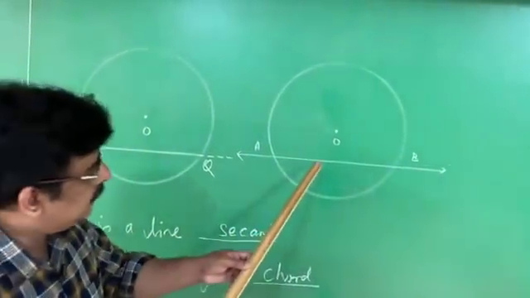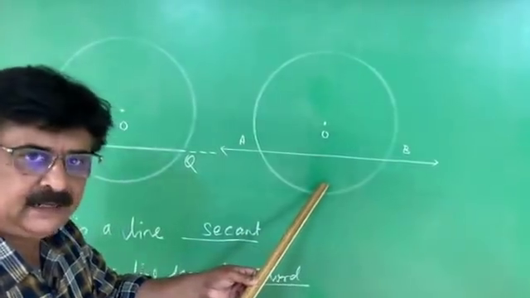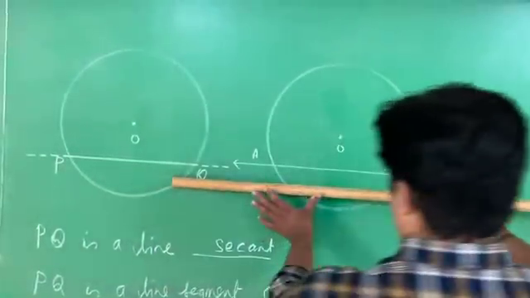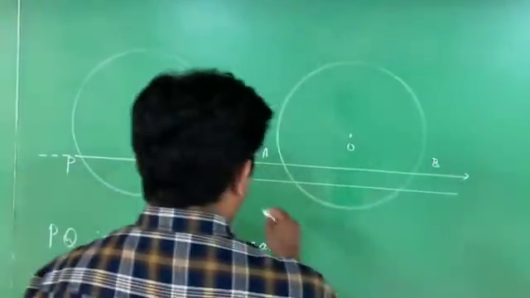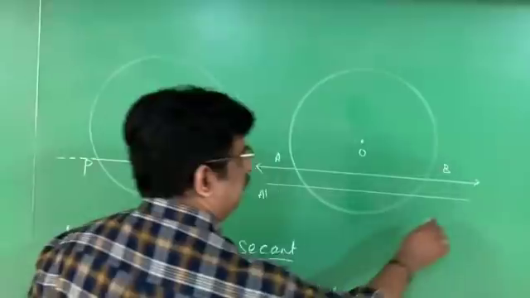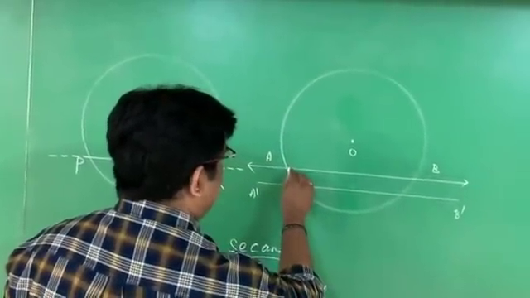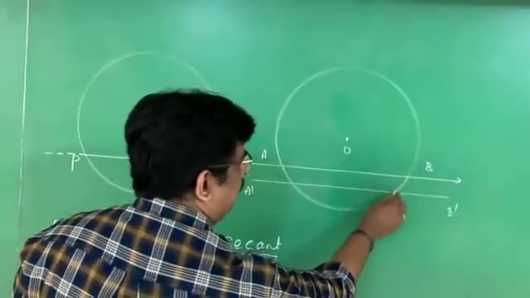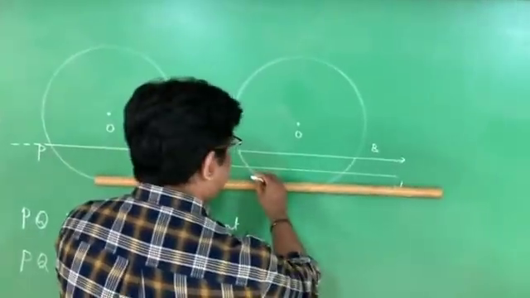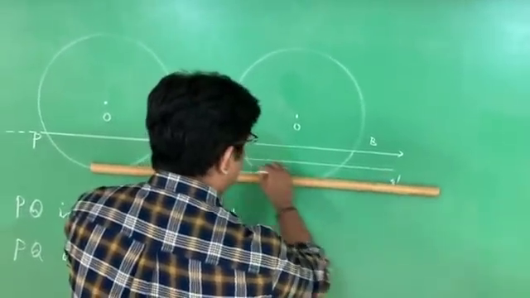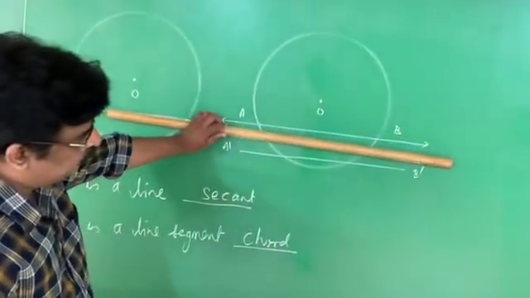If I make this secant move away from the center, it becomes A dash, B dash. Now see, these two are the points. Now they come closer. Again I write it here. Those two points are closer. And now I move the scale.